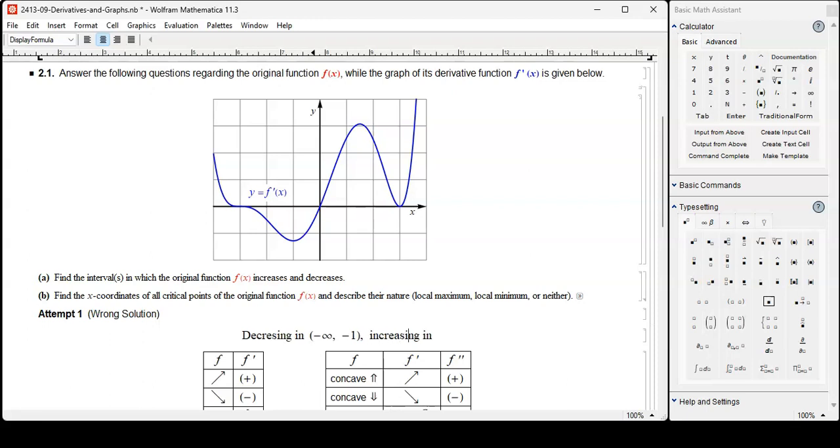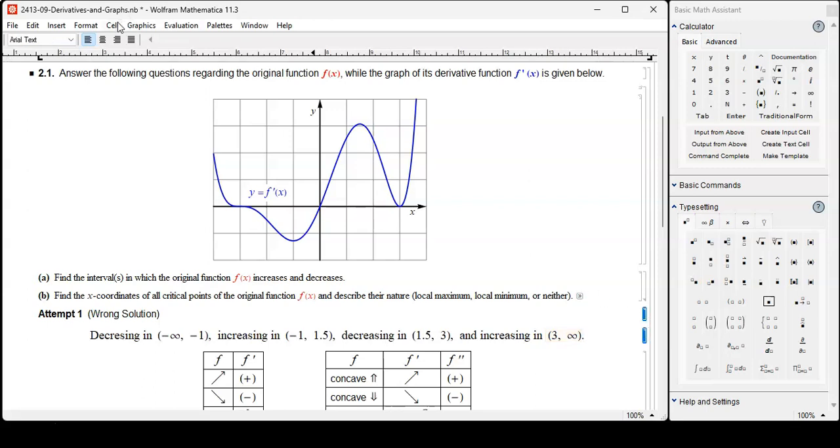Increasing in negative 1 to about positive 1.5. Yeah, about right here. And decreasing in about 1.5 to about 3, to infinity. I see this answer a lot.